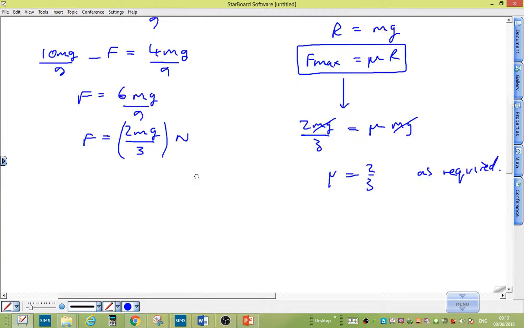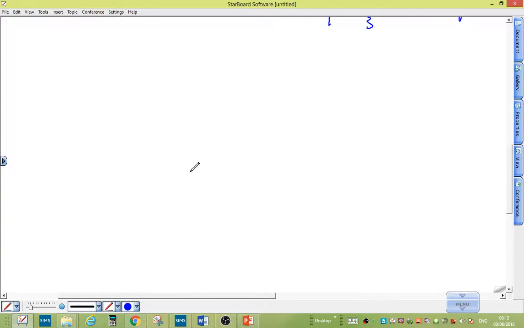So it's 6 marks. It says find the speed of A as it reaches P. So I'm going to go down here, and I've got to work out first of all my diagram here. So this is part B. I'm going to look at B, and I'm going to use SUVAT, and I'm going to give the sense of direction as positive in the direction of motion.